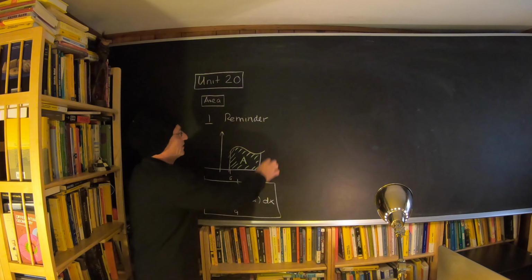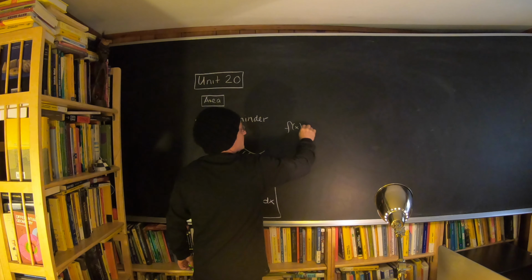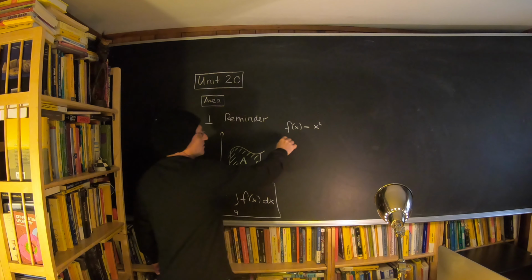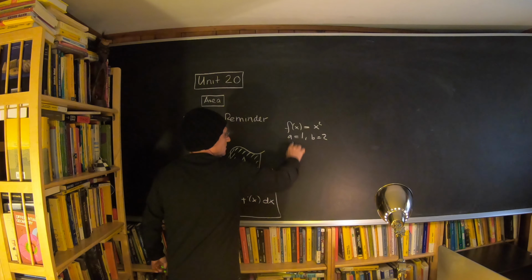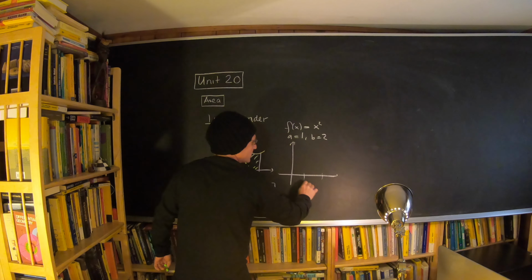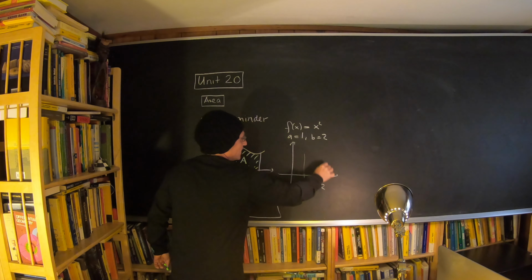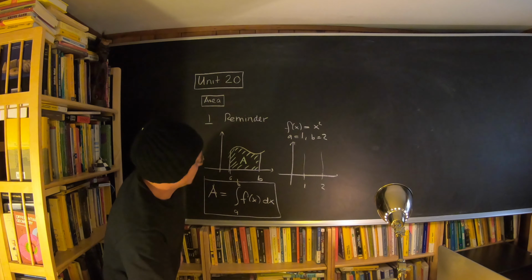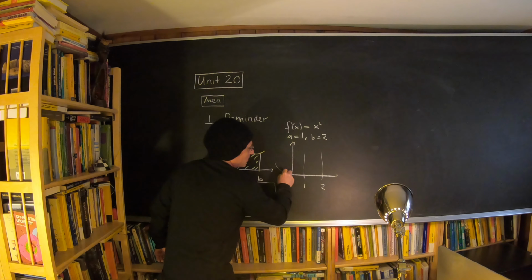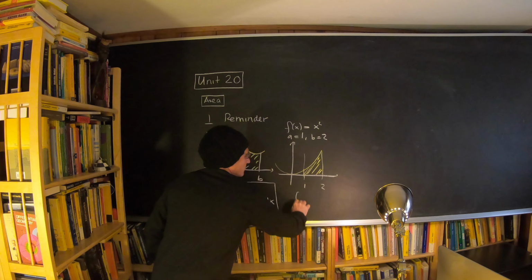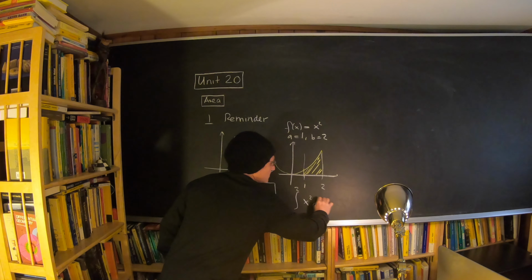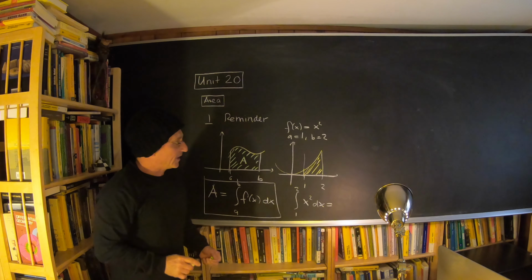So for example, if f of x is equal to x squared and A is equal to 1, B is equal to 2, we have this situation, we go from 1 to 2, and we have the graph of the function x squared here, this parabola, and we are looking at this area here, and the area is just the integral from 1 to 2 of x squared dx, and we know how to integrate x squared, right?